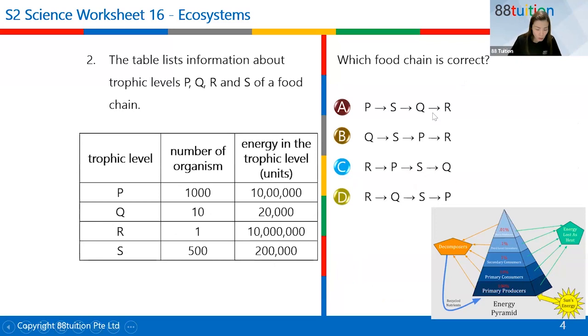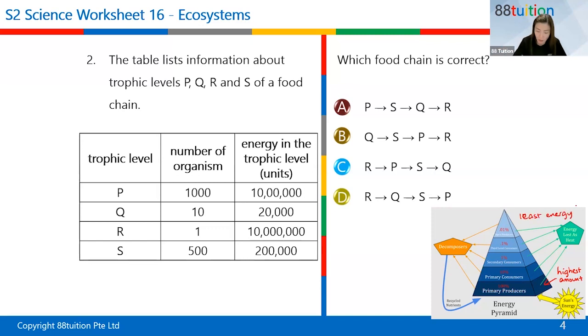Okay, question 2. The table lists information about the trophic levels PQRS of a food chain. We don't look at the number of organisms, just need to know that right at the bottom you have the highest amount of energy, and right at the top you have the least energy.